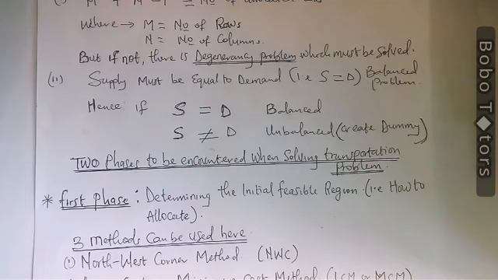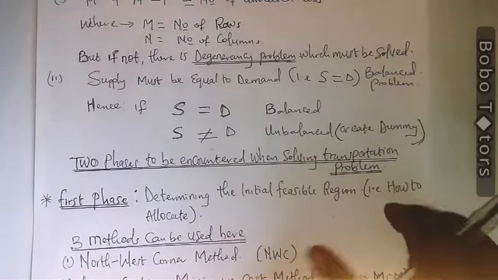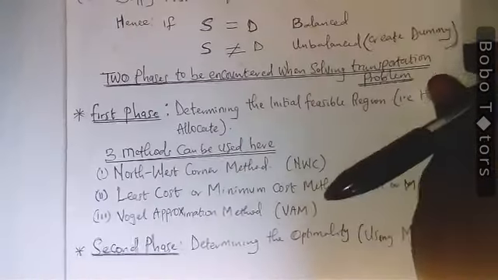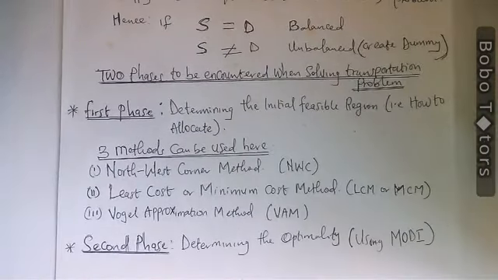You can only pick one out of the three. The first one is the northwest corner method. The second one is the least cost method or the minimum cost method. It's still the same thing. And then the third one is the Vogel approximation method. I will take this in turn, one after the other. For the purpose of this lecture, the northwest corner method will be treated.